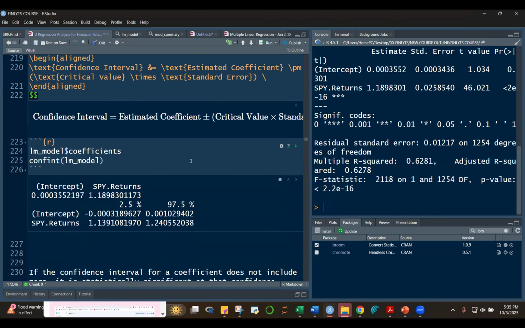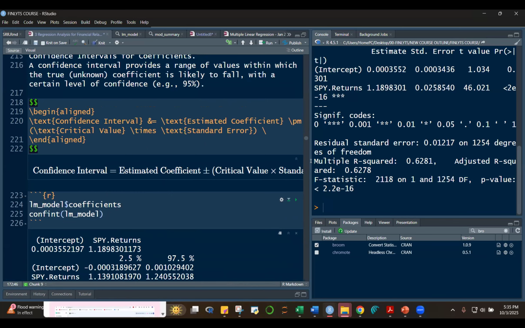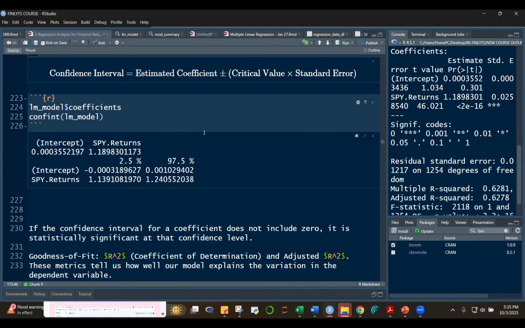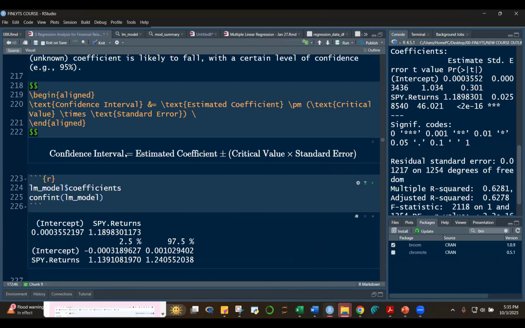We can create, class, the confidence interval. By formula, our confidence interval is this one. The confidence interval is equal to the estimated coefficient. For SPY returns, it's this one. This is the estimated coefficient, and then plus or minus the critical value times the standard error.